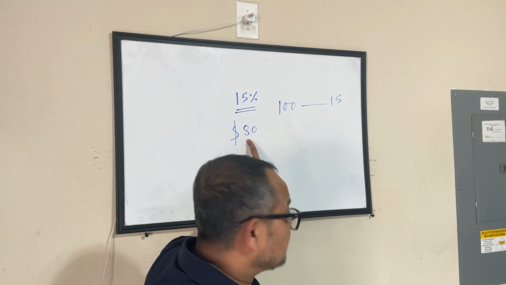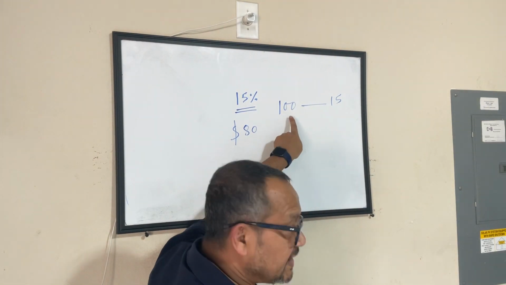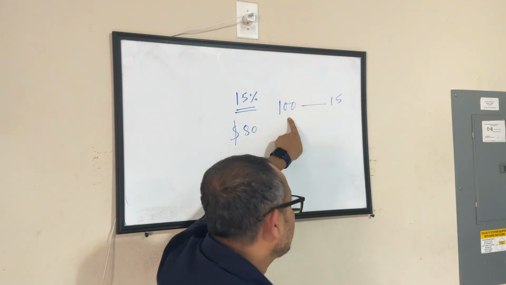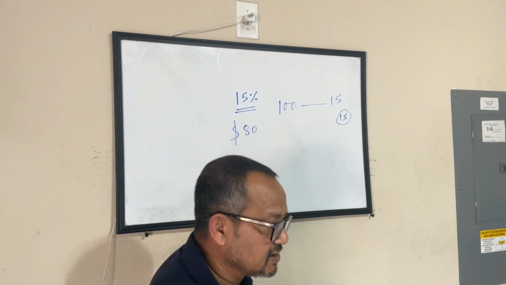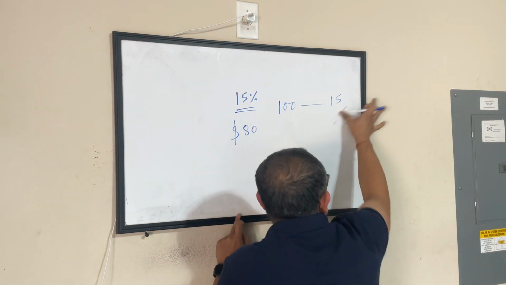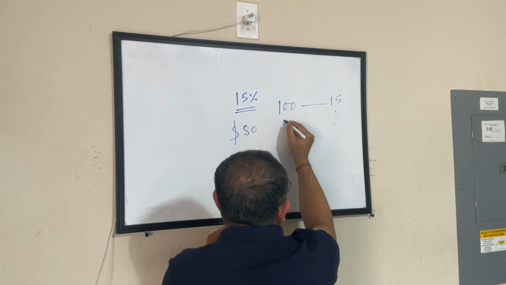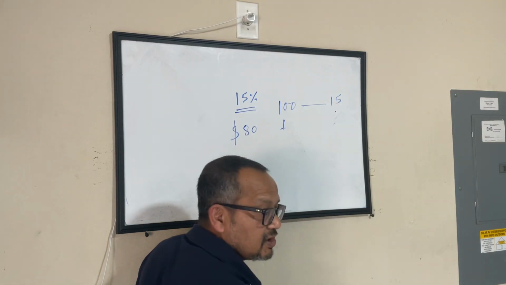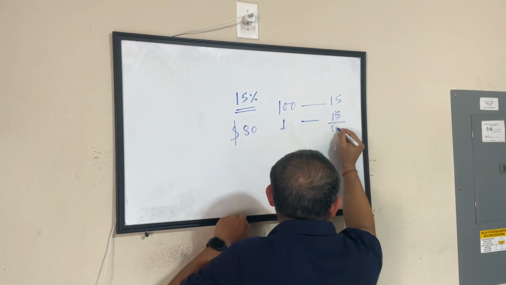I picked up something which is worth $80. If I would have picked up something which is priced at $100, it's very easy. I know that I'll get a $15 discount, because it says for every 100 you'll get $15 discount. What if I picked up something which is priced at $1? I'll get 15 divided by 100.